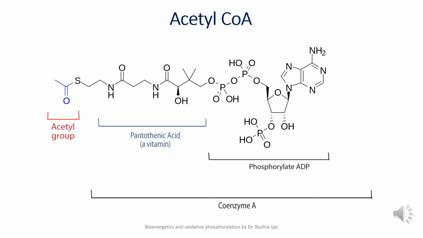We can also call it ACL. This principal reaction is coupled with the hydrolysis of an ATP molecule. While at low glucose level, coenzyme A is acetylated using acetate by the acetyl-CoA synthase enzyme, also called ACS, and also coupled with ATP hydrolysis.